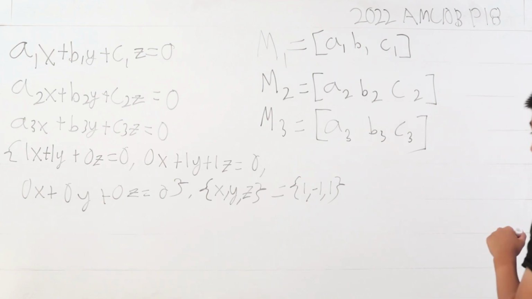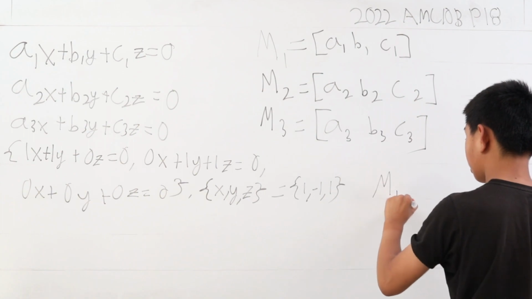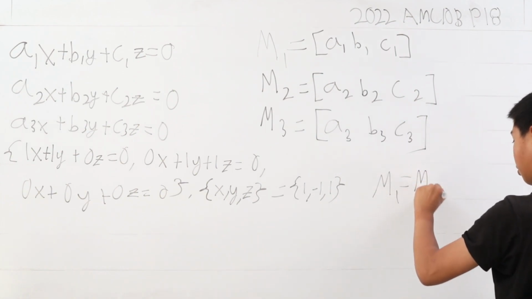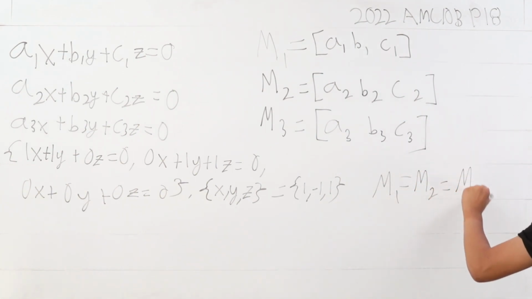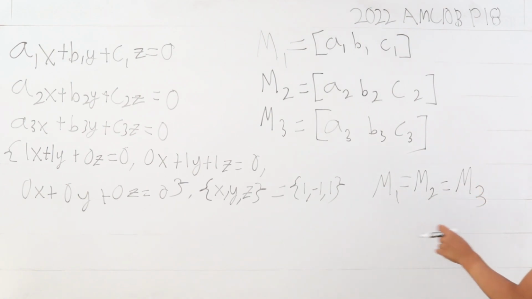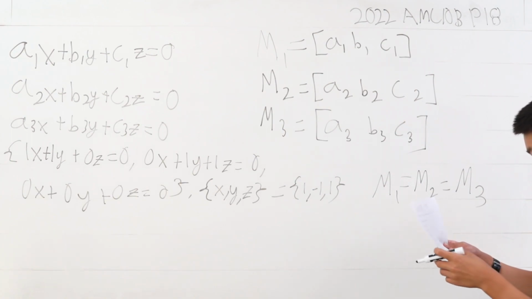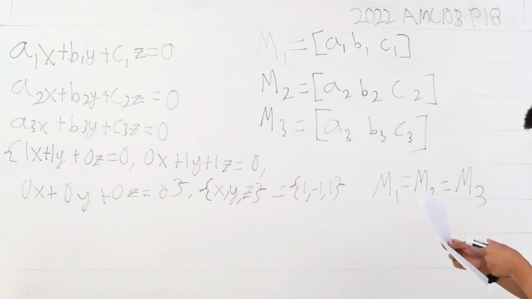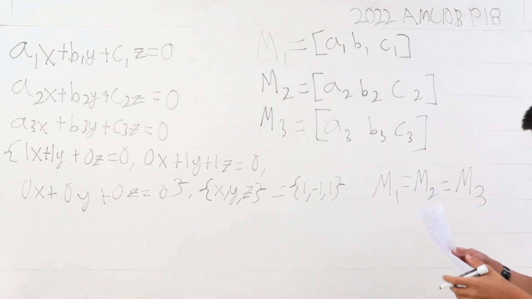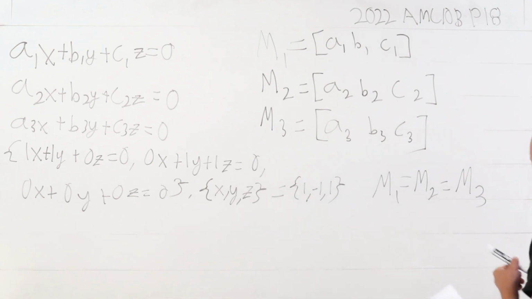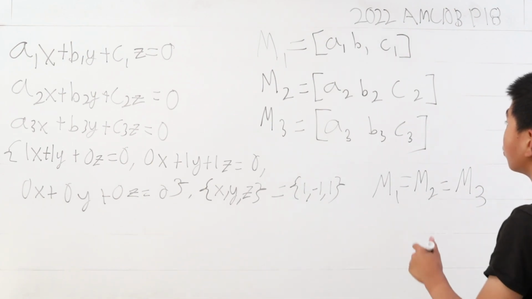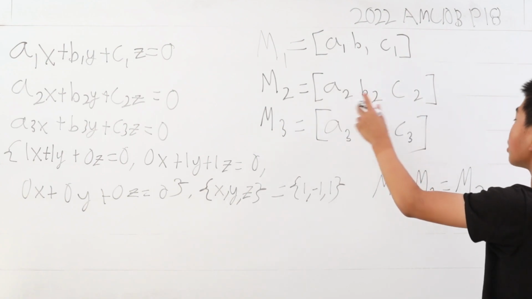The first case is where M1 is equal to M2 is equal to M3. So they're all equal. We were given that the coefficient is either 0 or 1. So let's just take a random set here.